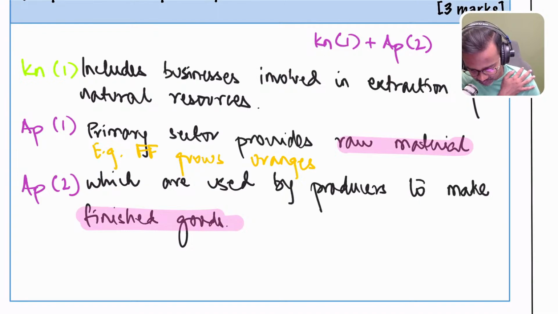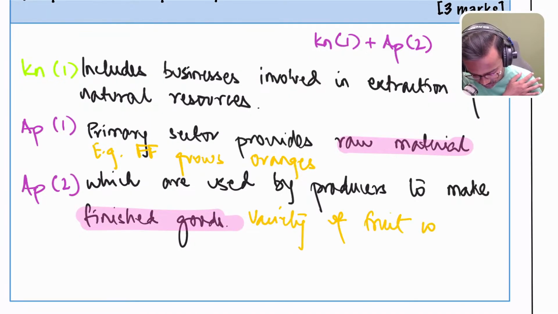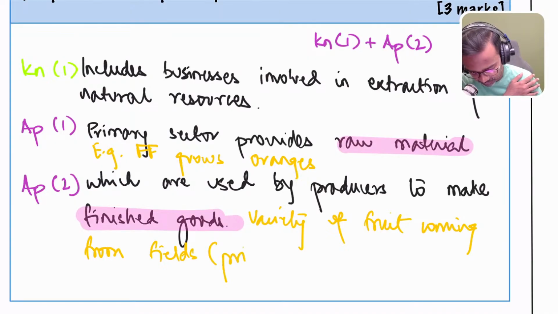And these oranges are basically part of the variety of fruits coming from, I guess, lands, fields, however, which is your primary sector.